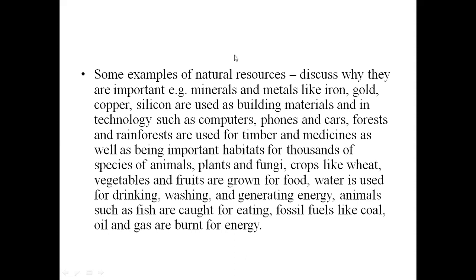We use water for drinking, washing, and generating energy. And animals such as fish are caught for eating. Fossil fuels like coal, oil, and gas are burned for energy. So these are various kinds of natural resources which are used by human beings for different purposes.